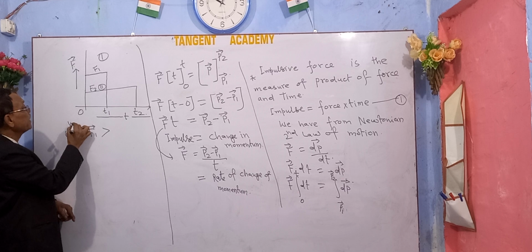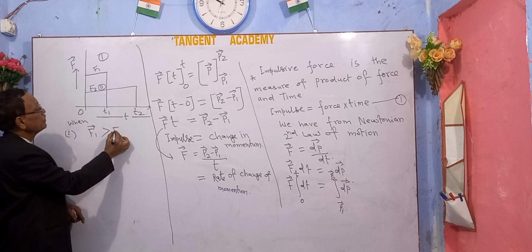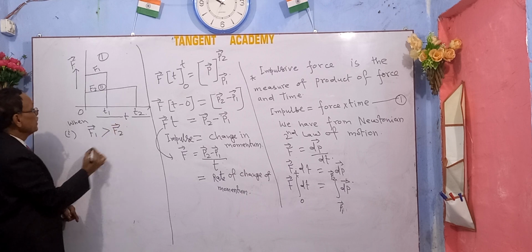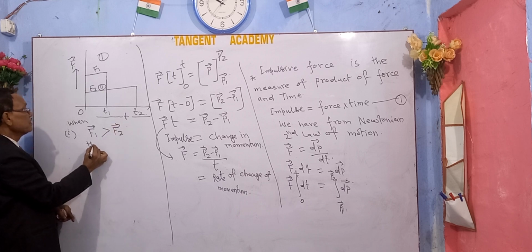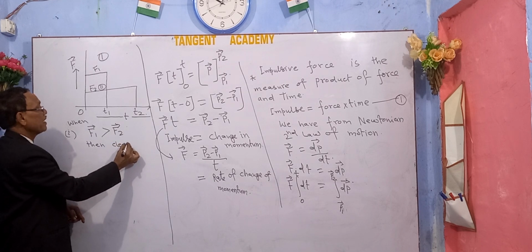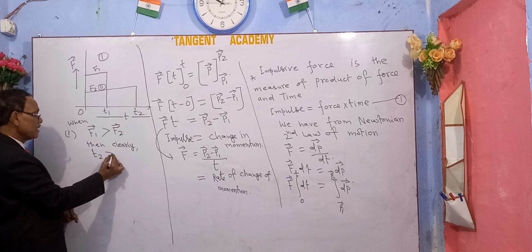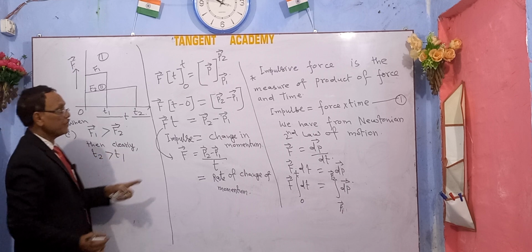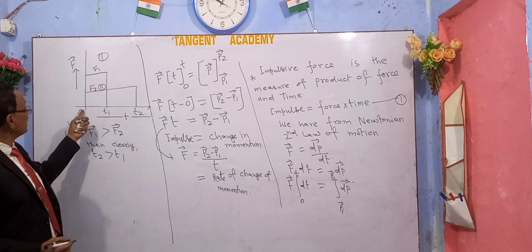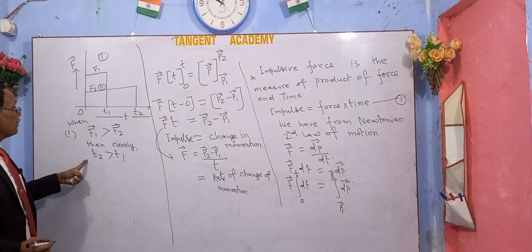When F1 is greater than F2, then clearly t2 is greater than t1. You can see from the graph t2 is greater than t1, but F1 is greater than F2.